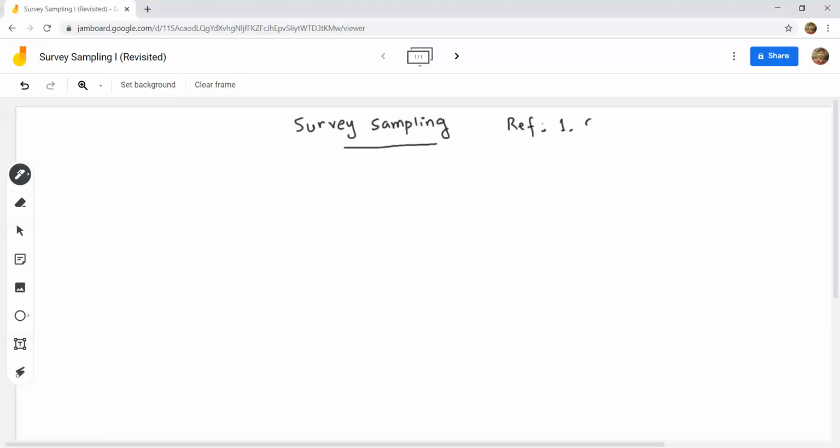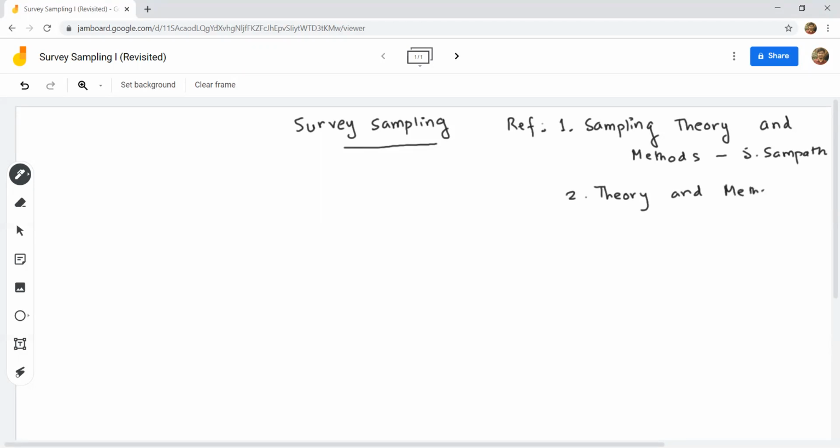One is Sampling Theory and Methods by S. Sampath, and the second is Theory and Methods of Survey Sampling by P. Mukhopadhyay.